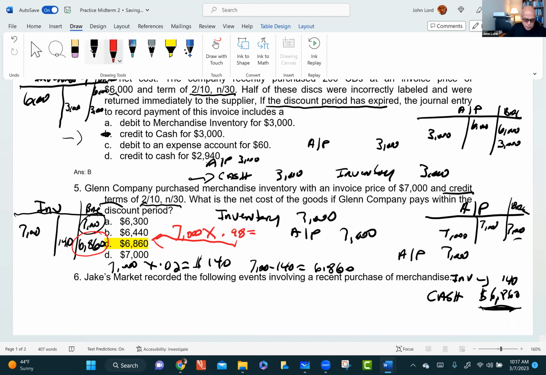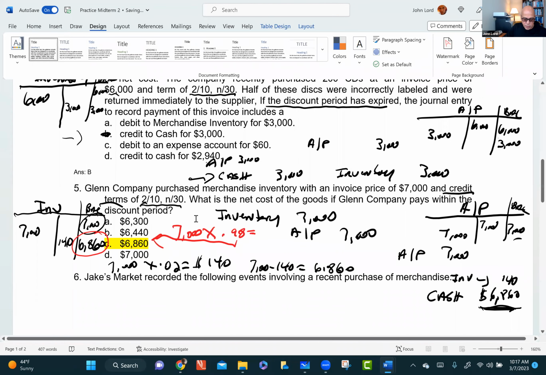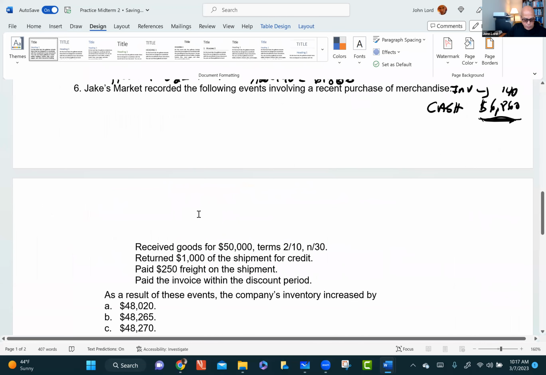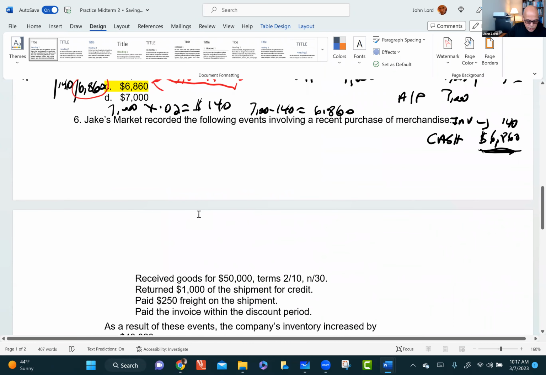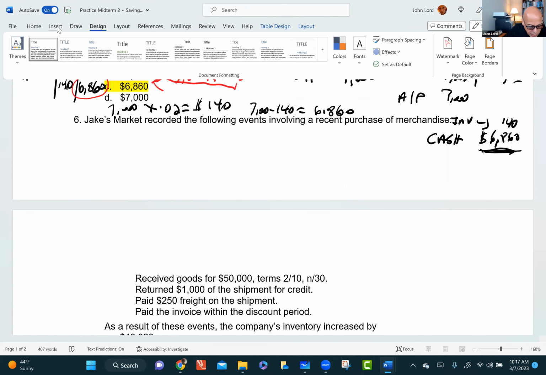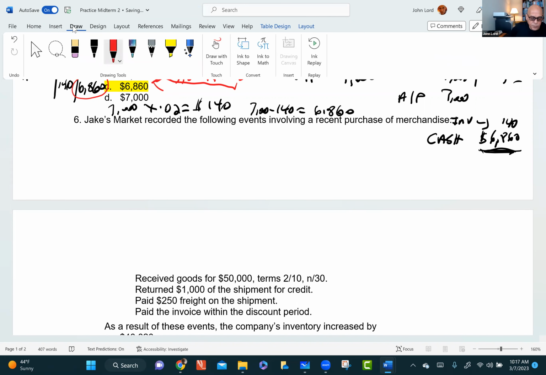Okay, good. Now here we've got a series of events, and they ask us what's going to happen to the inventory as a result of these events. So again, my approach, since we're learning here, is to tee up my inventory and tee up my accounts payable.